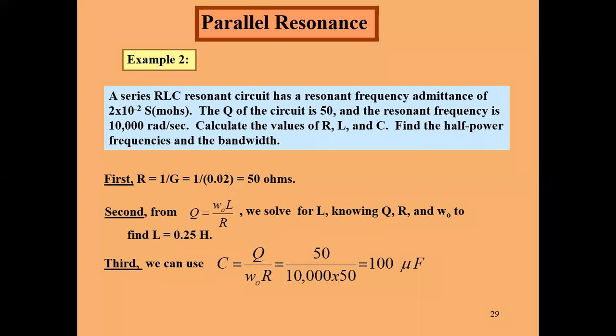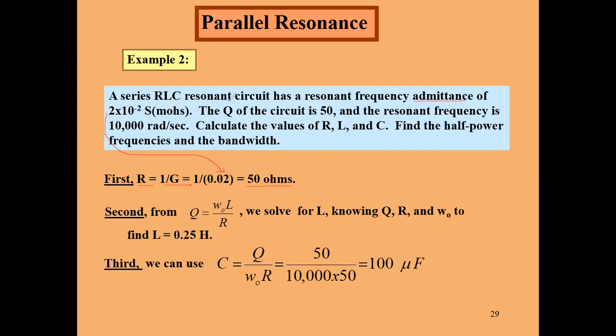So here we want to find out the value of resistance R. Admittance is the reciprocal of the resistance. So R is 1 by G, that is 1 divided by 2 into 10 to the power minus 2, which is 0.02, giving 50 ohms.